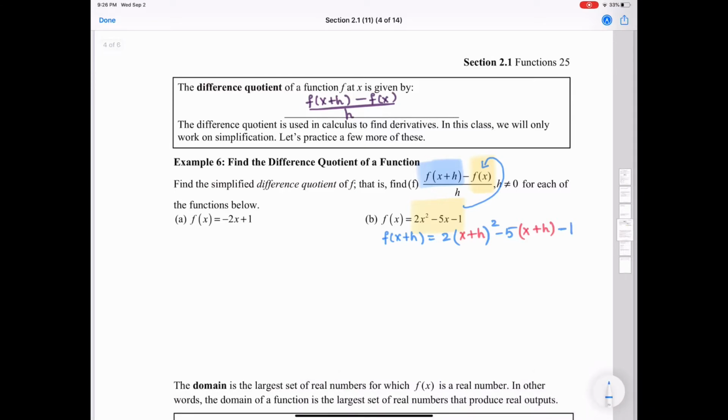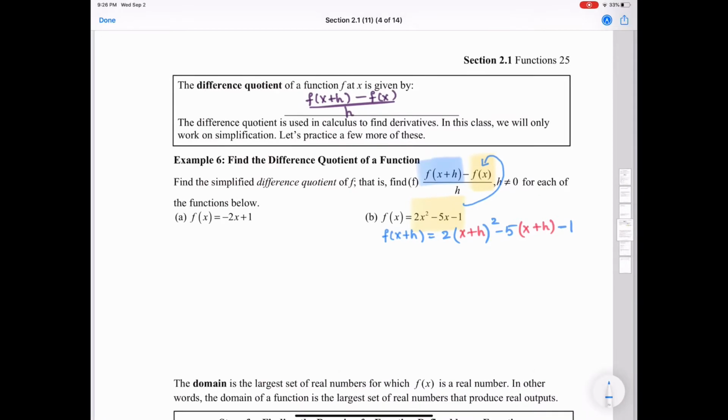So now let me use algebraic skills to simplify this. I'm going to FOIL this x plus h the whole squared, and that would be x squared plus 2xh plus h squared. Just take x plus h times x plus h and FOIL it out. You will get this expression. Then I'm going to distribute the negative 5, so it would be a negative 5x minus 5h minus 1.